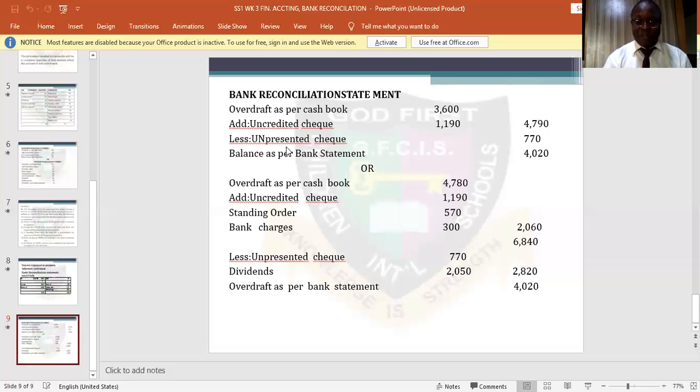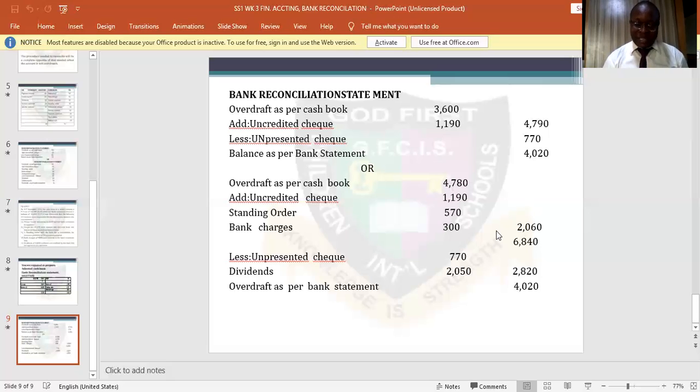By the time we sum everything together, you get 2,060 naira. When you add 4,780 naira and 2,060 naira, you are going to get 6,840 naira.